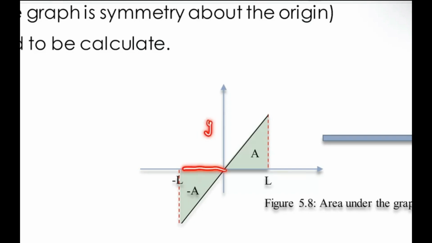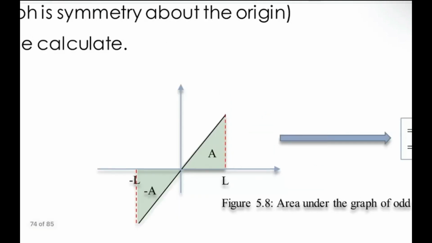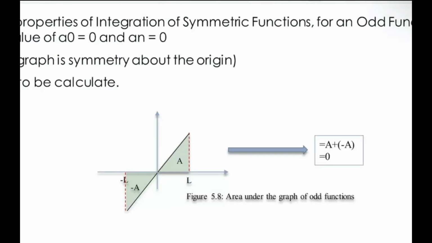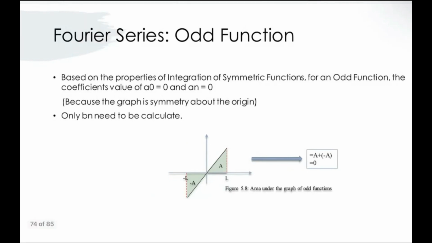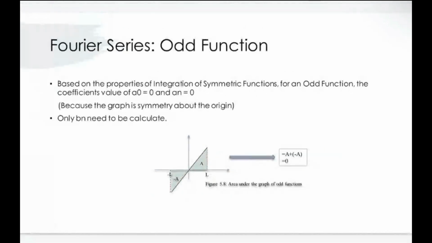So under the axis, the area will be negative. So here I get negative A, here I get A. If I add these two areas, negative A plus positive A, I will get 0. So negative A plus A equals 0. Hence, a_n can be 0 and a_0 also be 0.